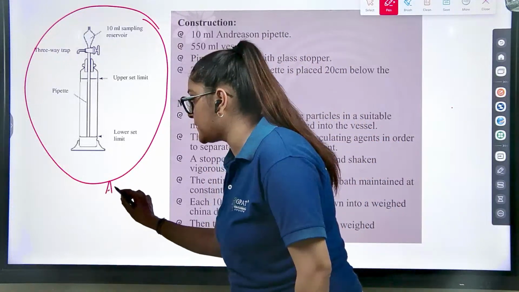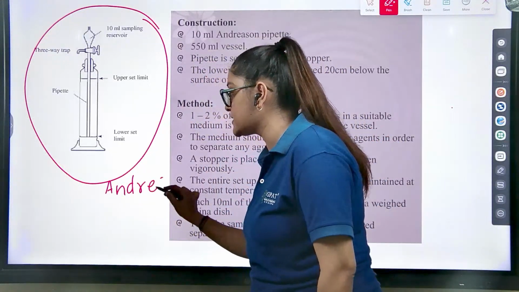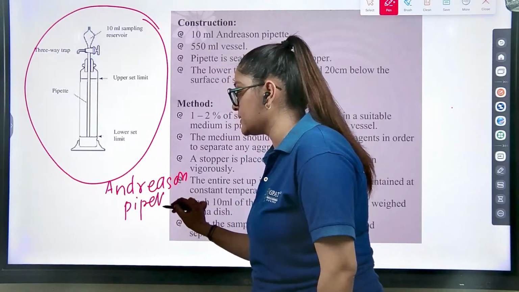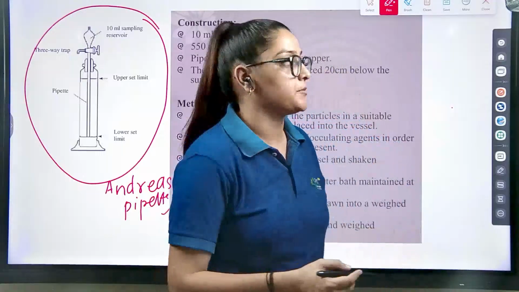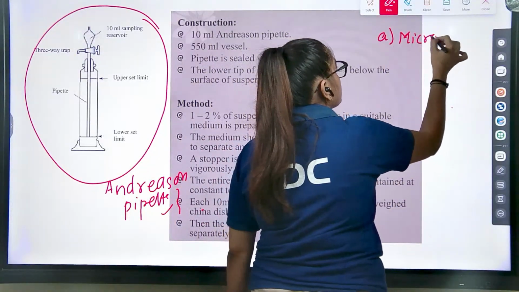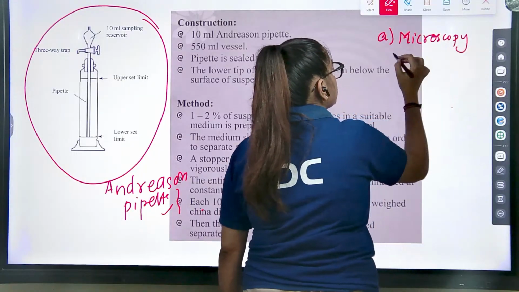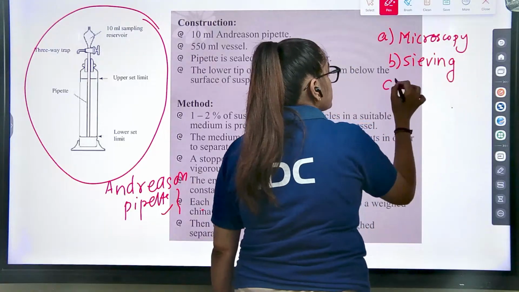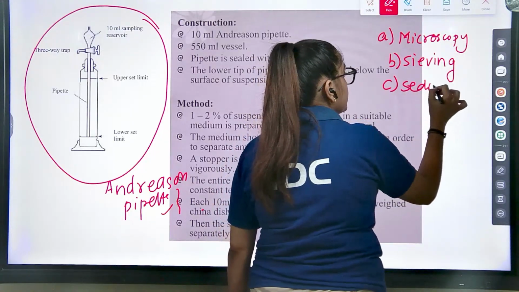So Anderson pipette is based on which method? You guys can tell me, Anderson pipette is based on which method of determination? Option A, it is used in microscopy. Option B, is it used in the sieving? Option C, it is used in the sedimentation.